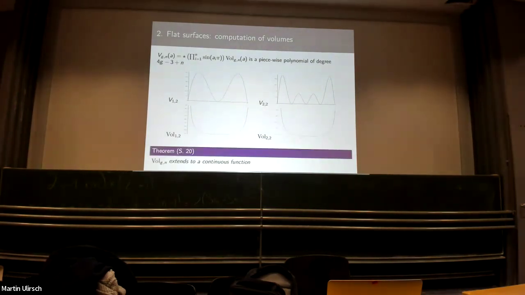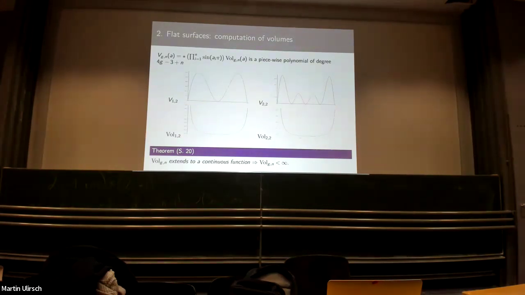So Vgn, this volume function that I compute at rational numbers, extends to a continuous function. Outside of the integers, it's obvious: it's just a piecewise polynomial divided by a nonvanishing function. At the integers, you have to say something. In particular, it implies that the volume is always finite, which was not something known.